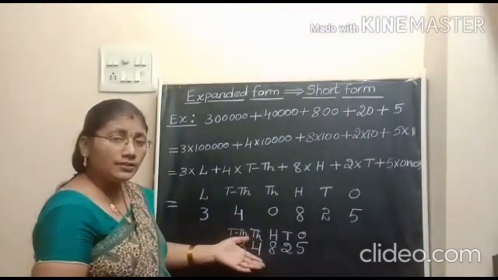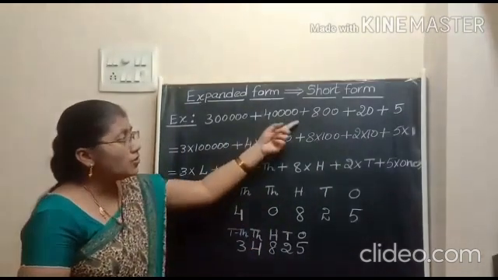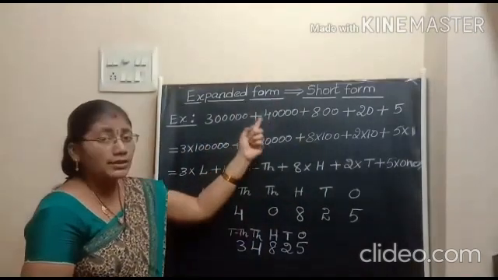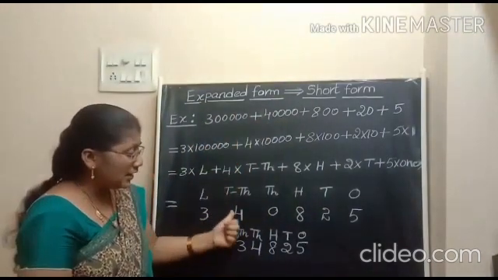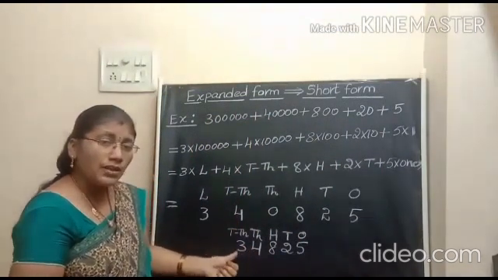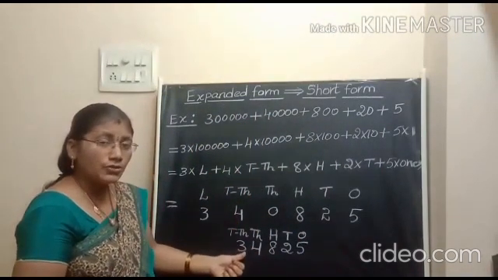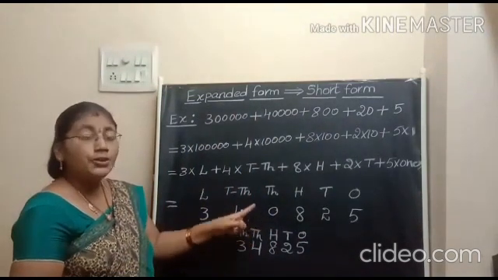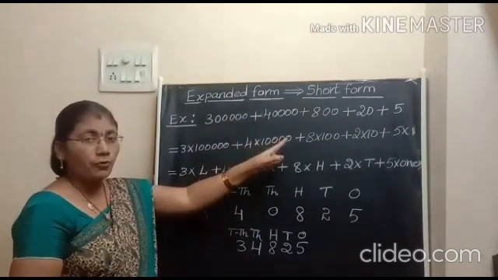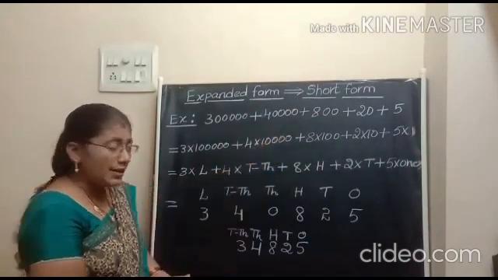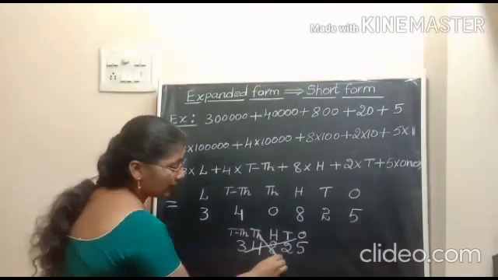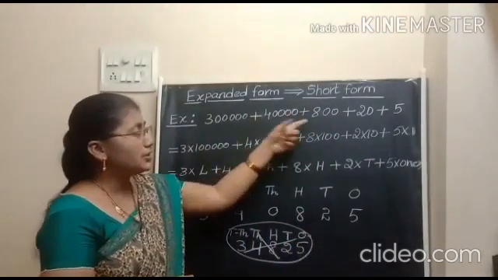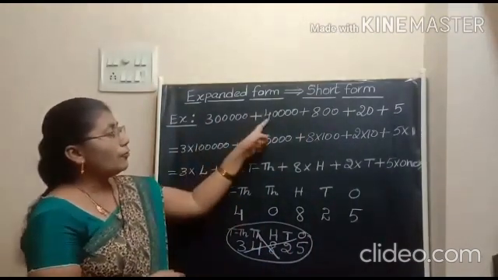Is it the right order? Actually, there is no digit for thousands. 4 is in the 10,000s place, but here it is mismatched. So don't write like this. You just follow this order to get the numeral for the given expanded form. Understood, children? This is the wrong procedure. Don't follow this.